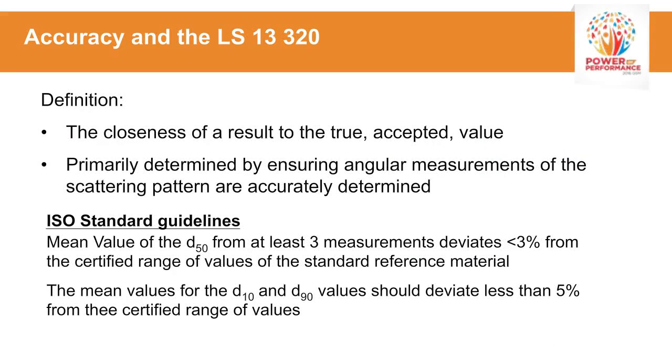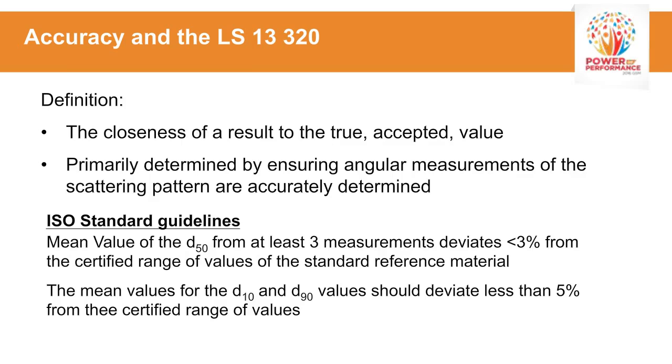In discussing accuracy, and I'll show some results in a moment, accuracy is defined as the closeness of a result to a true accepted value. So you're going to be running controls or standards.